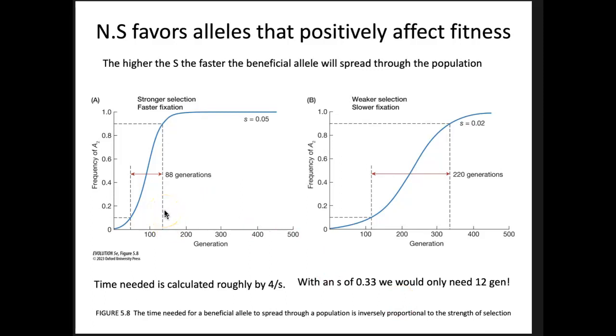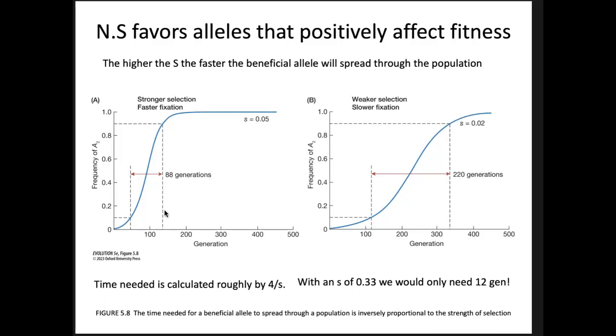So in positive selection, okay, this is only in positive selection, because in negative selection the selection coefficient can be negative. In positive selection, the higher the selection coefficient is for the allele that is benefiting fitness, the faster that allele can be fixed in the population.